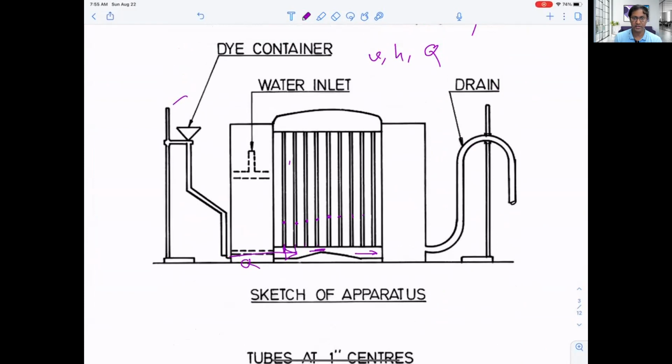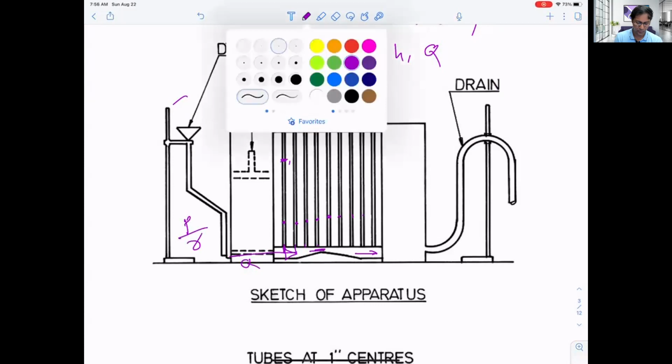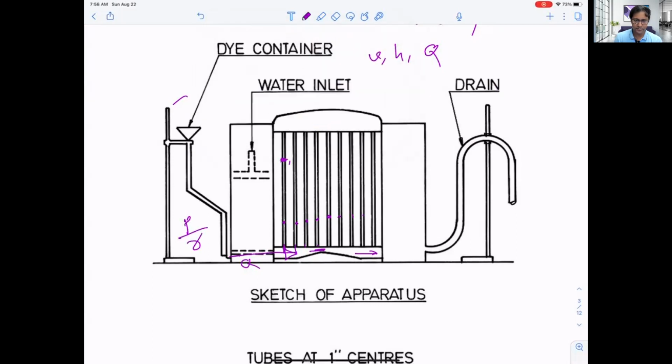When the sections are changing, then water will rise inside that pipe or small diameter tubes. We call it piezometer. So this tube will measure the pressure head, P over gamma. So the height of water inside that piezometer will give us the pressure head for that location.